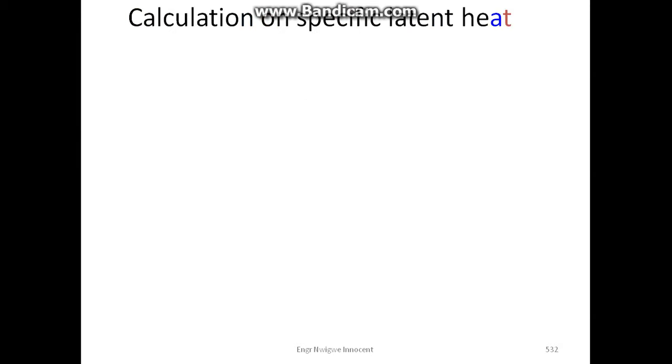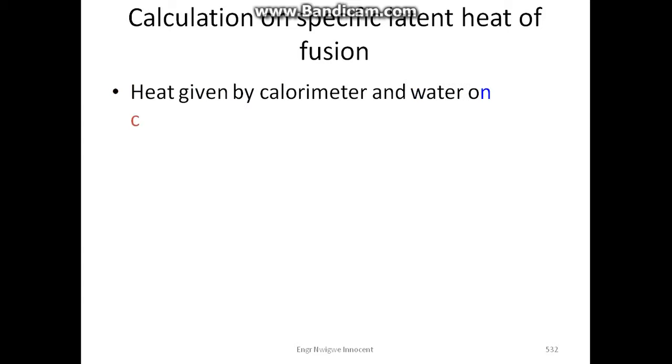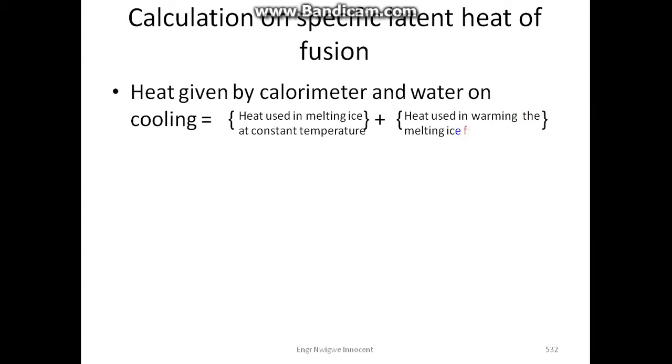Calculation on specific latent heat of fusion. Heat given by calorimeter and water on cooling is equal to heat used in melting ice at constant temperature plus heat used in warming the melting ice from 0 degrees to T2.